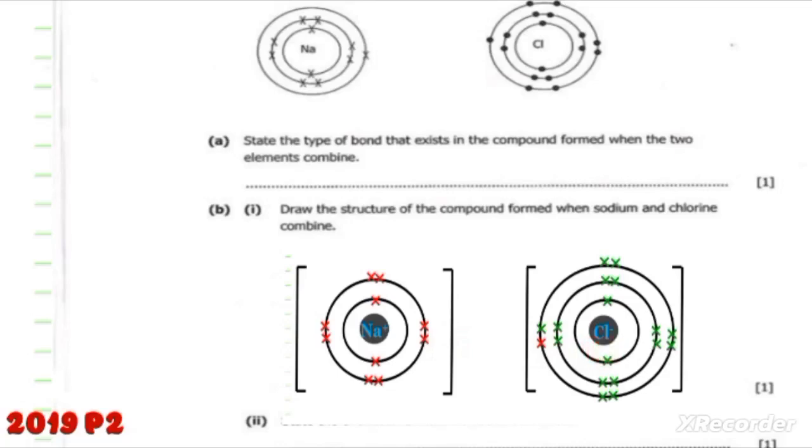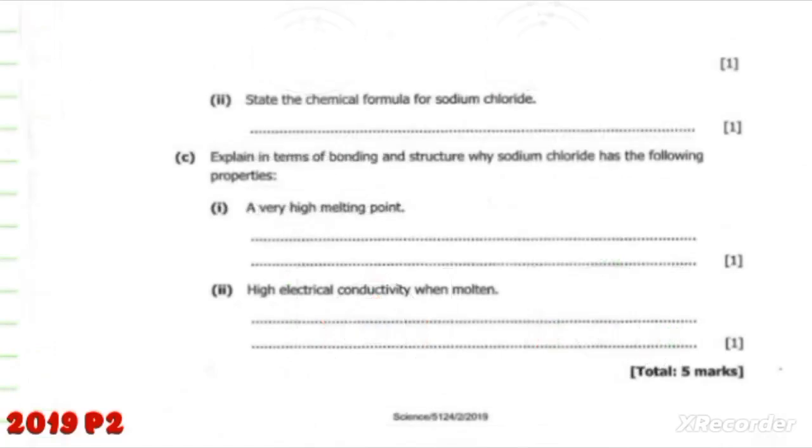We have answered this question. Next is question B, Roman numeral 2: state the chemical formula for sodium chloride. Here is the chemical formula, NaCl.